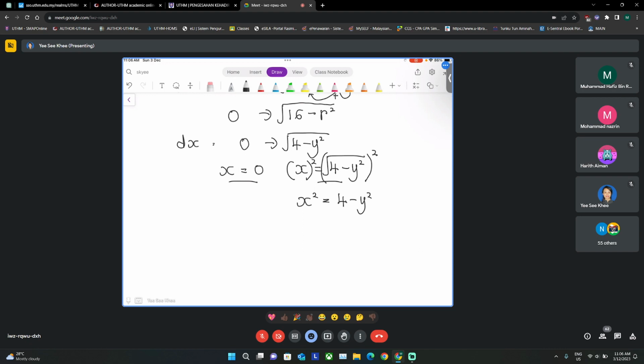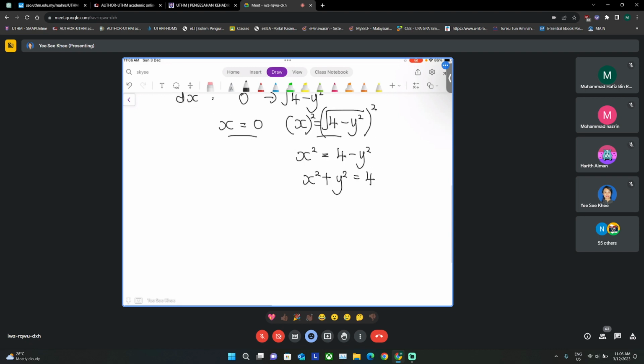When you rearrange it, you'll find that actually it is the equation for a circle, and this circle has a radius of 2, because 2 square equals 4. So you draw a circle first.